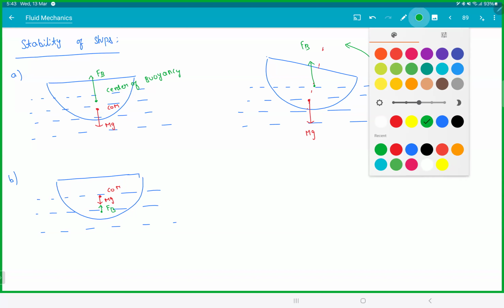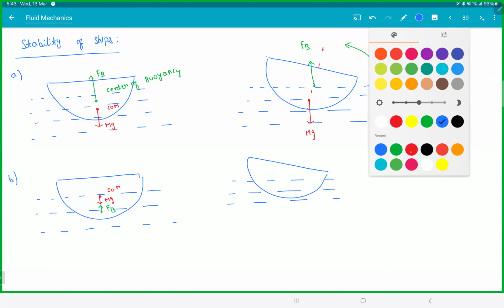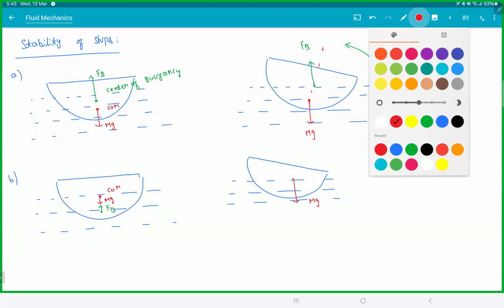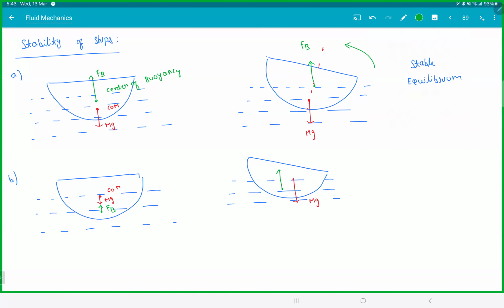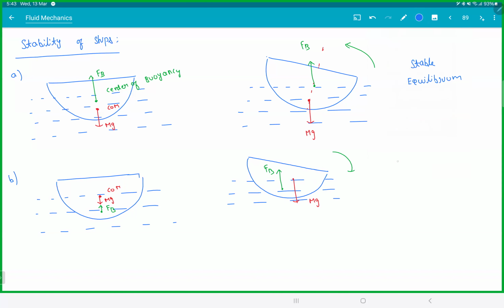Now see what happens if the ship tilts a bit. The mg will act this way, and the buoyant force will act this way. So the torque will be this way. This is an unstable equilibrium, isn't it? You displace it, it will keep on going in that direction, it will never come back.